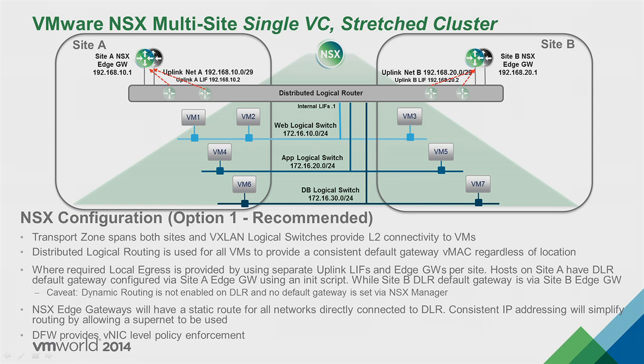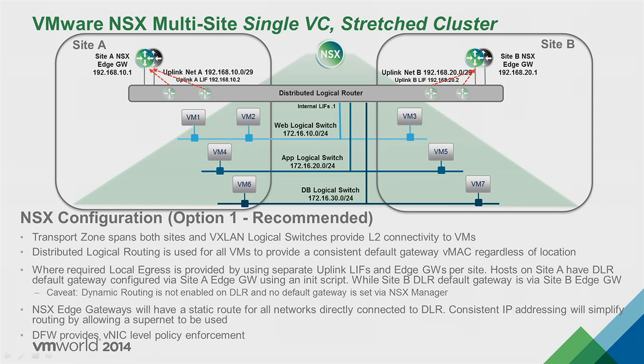And so our ESX hosts in site A actually have the default gateway for the distributed logical router programmed using an init script that points that traffic to this site A gateway. So hosts in site A will route all of their default gateway traffic through 192.168.10.1, our site A gateway.